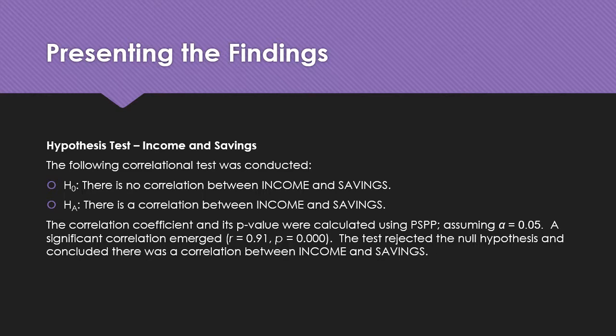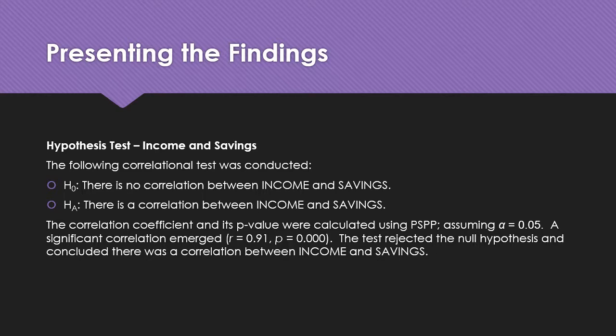So the first is the test of the correlation relationship between income and savings. The following correlation test was conducted. The null hypothesis states there is no correlation between income and savings. The alternate hypothesis states there is a correlation between income and savings.